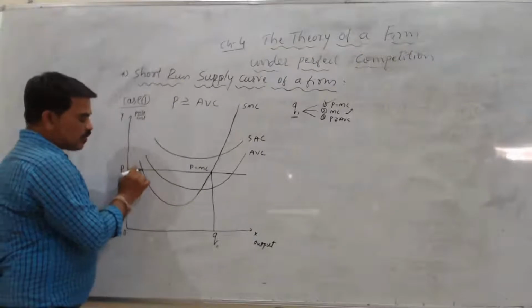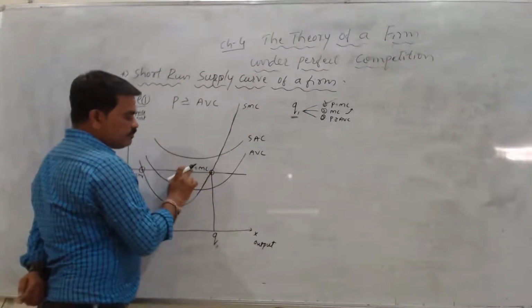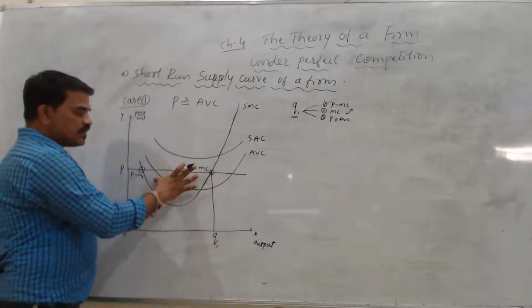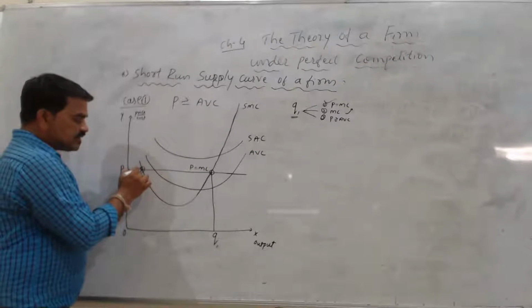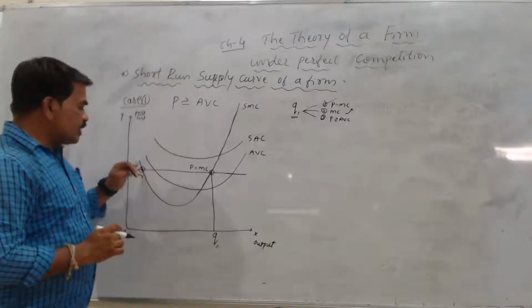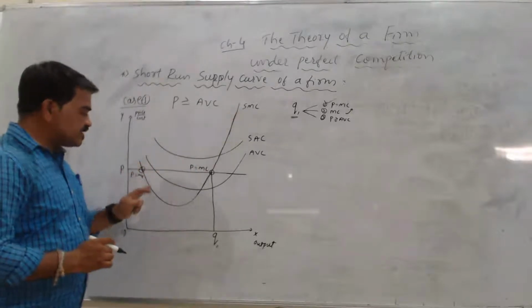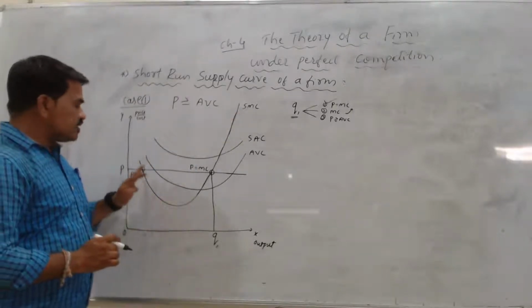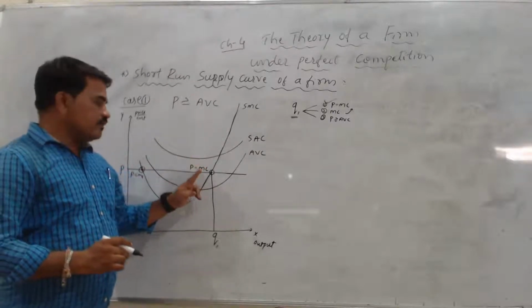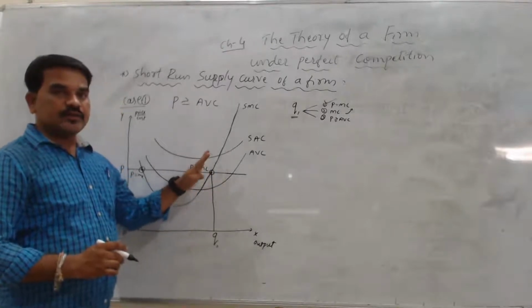When we have these 2 points, we will not consider this as a profit maximizing point, because here the marginal cost curve is decreasing. Correct? That is why we will get the maximum profit only if the marginal cost curve is an increasing curve. It should be a rising one.